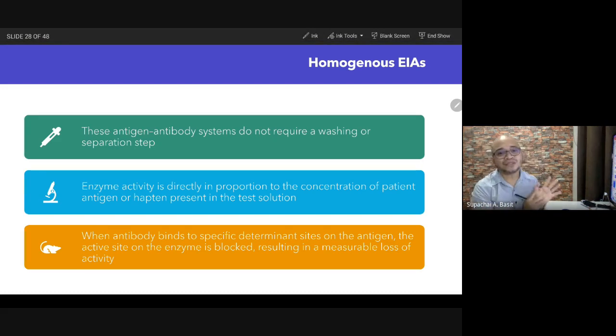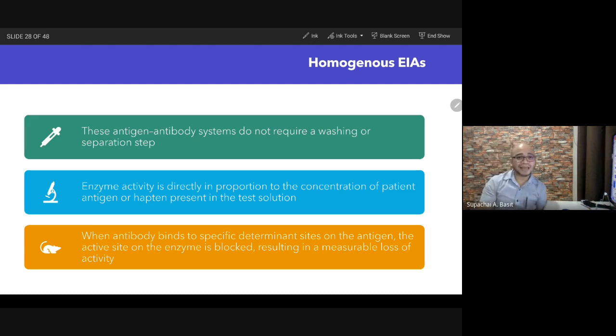A while ago, we were talking about heterogeneous enzyme immunoassay, wherein washing is required. But in this case, we're talking about the homogeneous enzyme immunoassay. In homogeneous enzyme immunoassay, this procedure does not require a washing or a separation step.